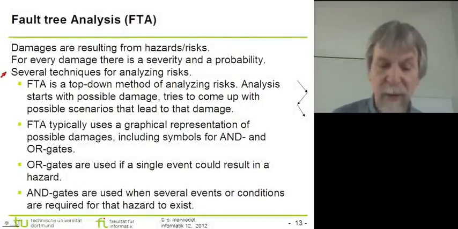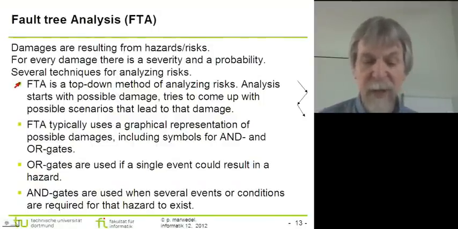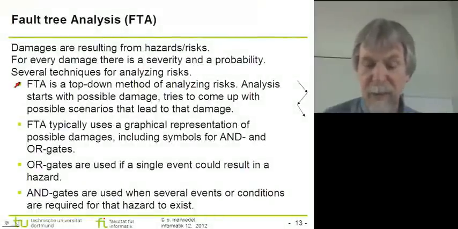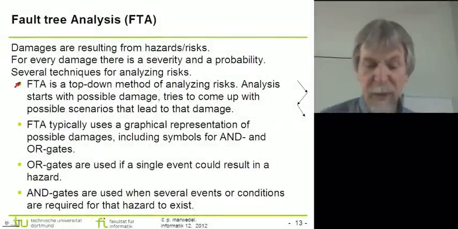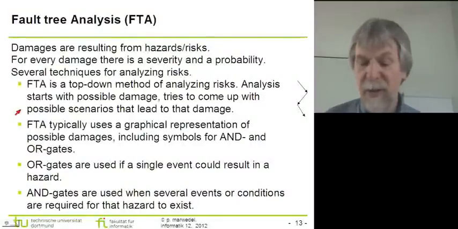And there are several techniques that are used for analyzing risk. With FTA, we are using a top-down method for analyzing risk. Analysis starts with a possible damage and then tries to come up with possible scenarios that could lead to that damage.